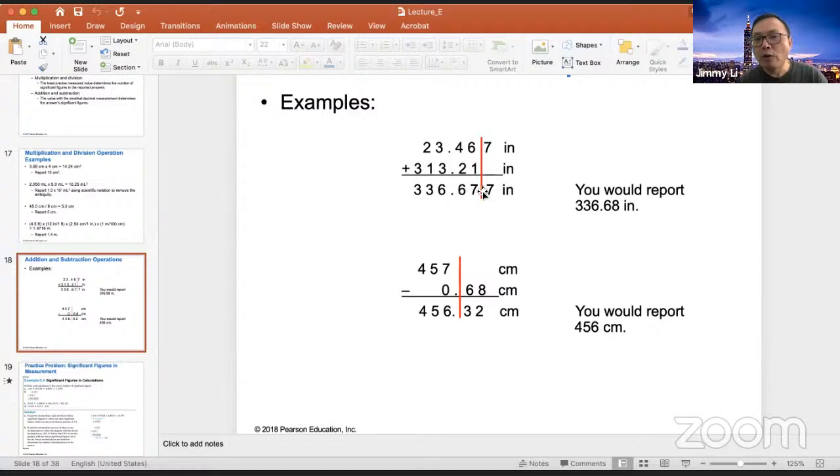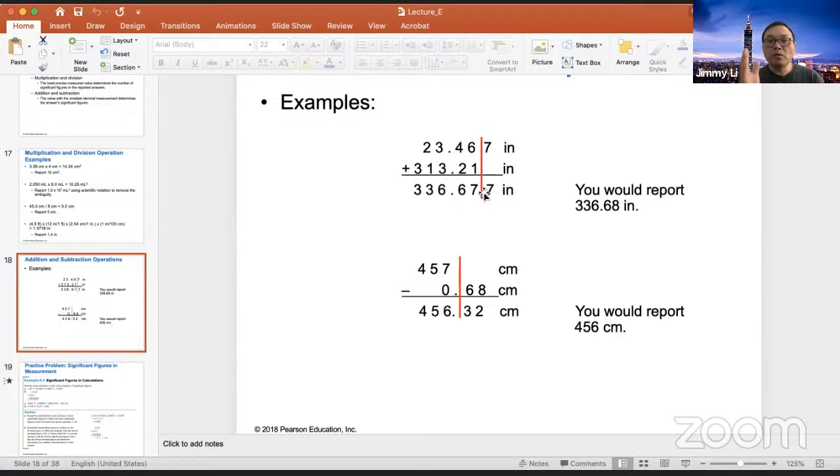Then you say, Miss Lee, how would you know if you're going to advance by 1, going to 0.68, or just drop that to make 0.67? Now, keep that in mind whenever you talk about rounding off. I'm going to introduce you to an easier rule here. When you have a number less than 5, just simply drop.